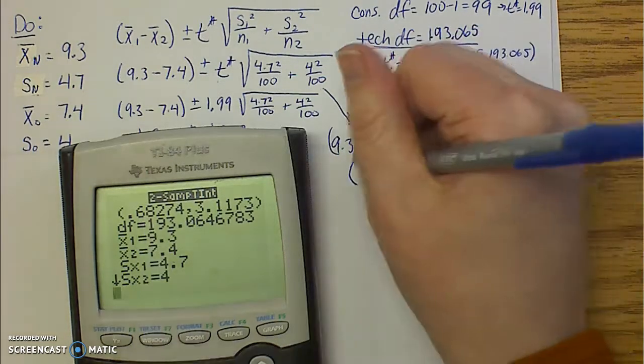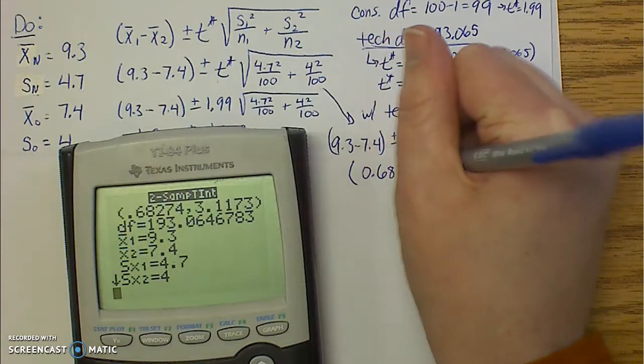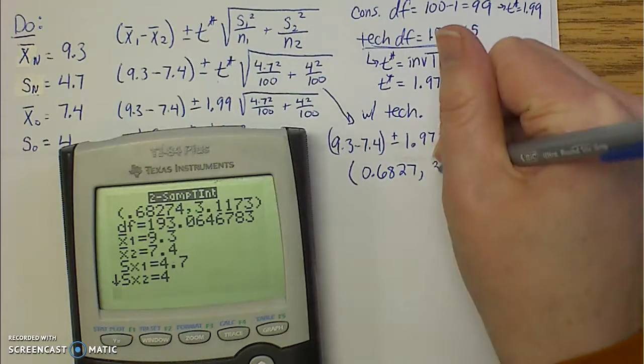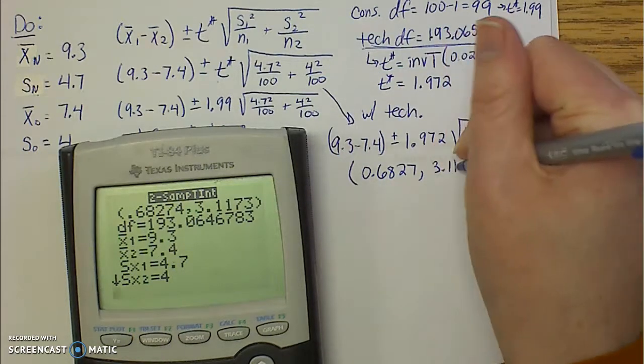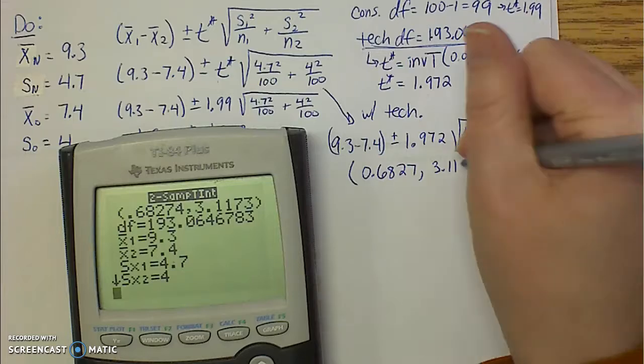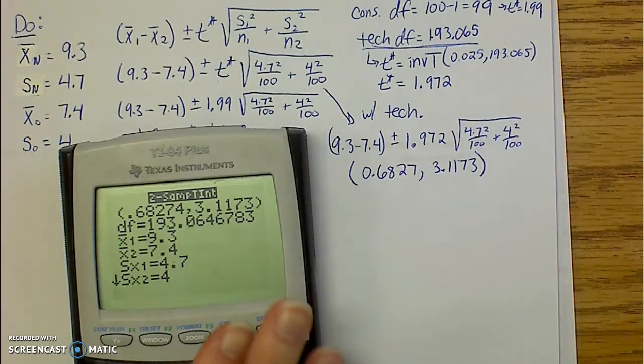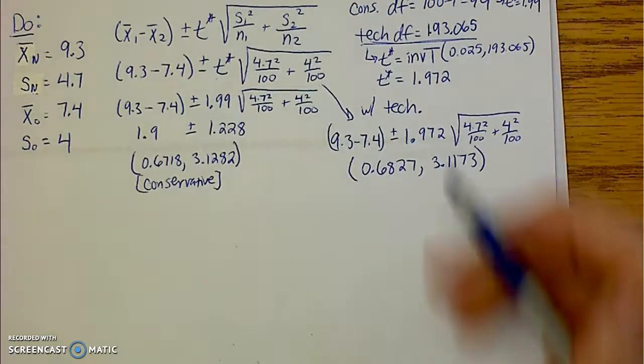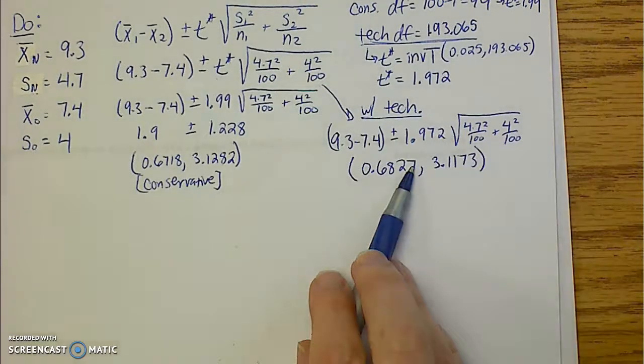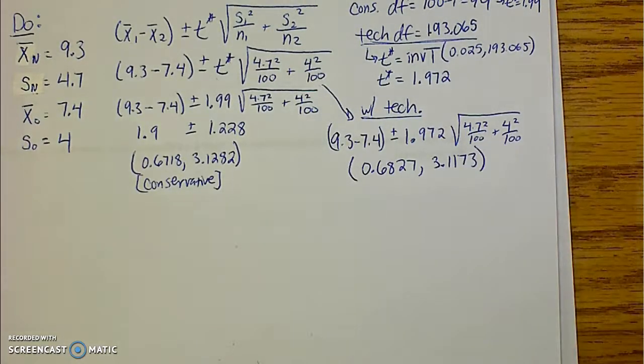So here's my answer. 0.6827 and 3.1173. Okay. So this is my with technology method. This is my conservative method. You pick one that works for you. Either one will be fine to use.